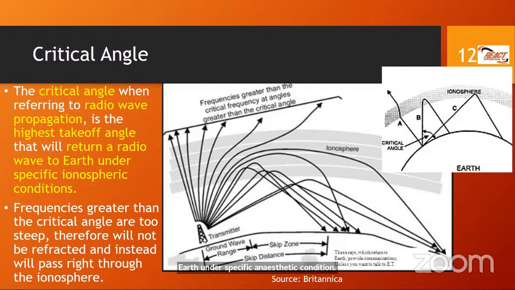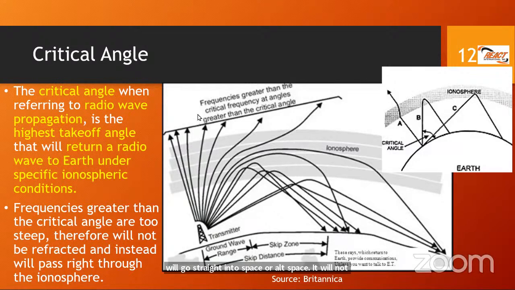Critical angle, that's the takeoff angle. We have a high takeoff angle like this, and then we have a low takeoff angle like this. What we're saying is that the critical angle is the highest angle that will cause the signal to come back, because if we go higher than that critical angle, it will go straight into outer space. It will not come back onto the surface of the Earth.